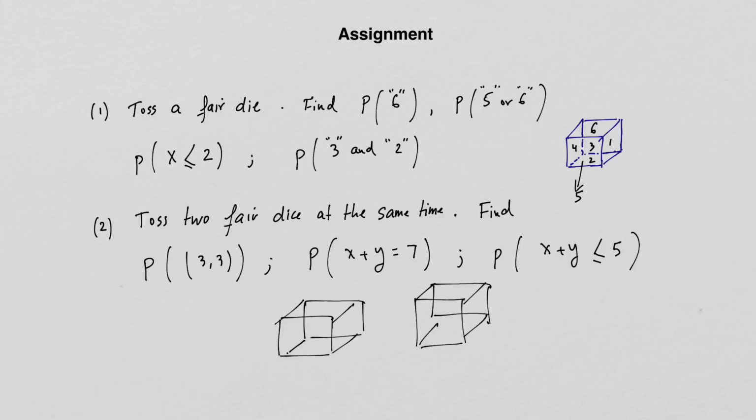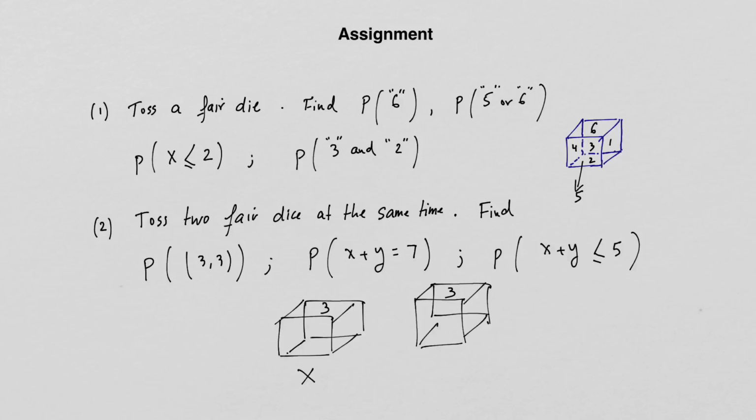Okay, and you throw them at the same time. And I would like you to find the probability, or you can't just get a number now. You're going to have to get a pair. What's the probability of getting a 3, 3? So a 3 pops up like this. You get a 3 and a 3, let's say. Okay? What's that chance?